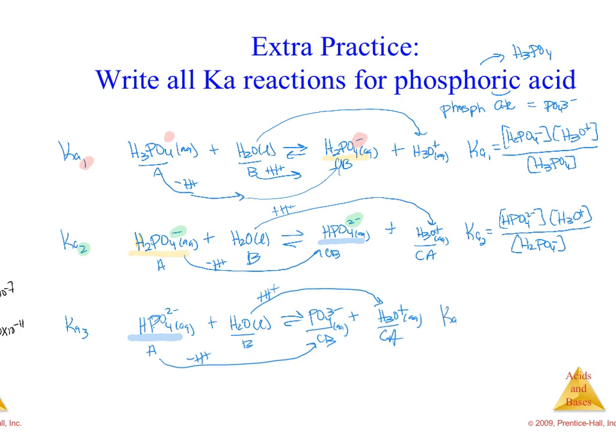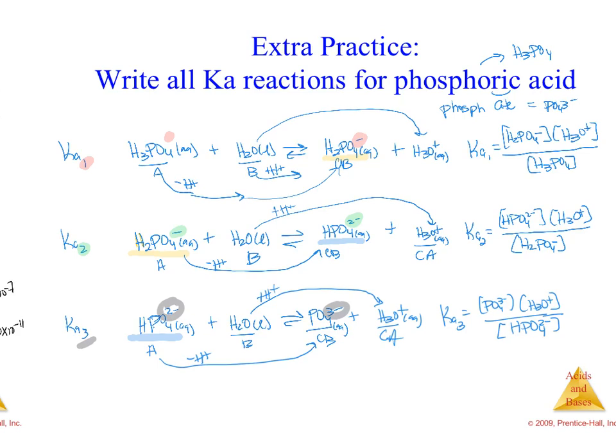My Ka3 expression is phosphate times hydronium divided by HPO4 2 minus. So with this, I can see that for the Ka3, I'm going from the 2 minus to the 3 minus ion.